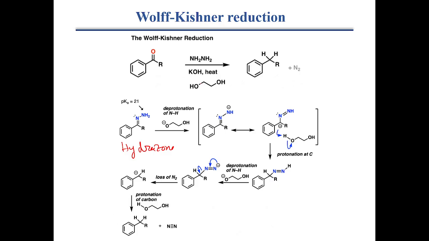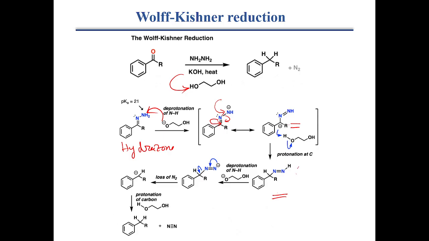Now what happens? The base will abstract a proton from the ethylene glycol, which abstracts a proton from the amine, forming a negative charge on the nitrogen center. This will go like this, and this anion now abstracts a proton from the ethylene glycol and is protonated, forming this diazene compound.